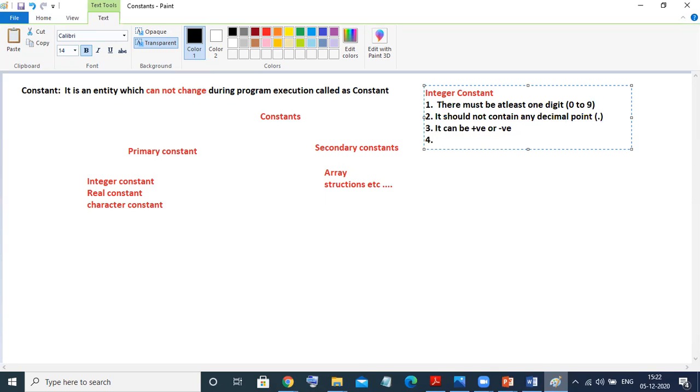If you are not mentioning any sign, then by default it is positive. What is the fifth one? This is understood, but still I'll write: you cannot give space between one integer constant.